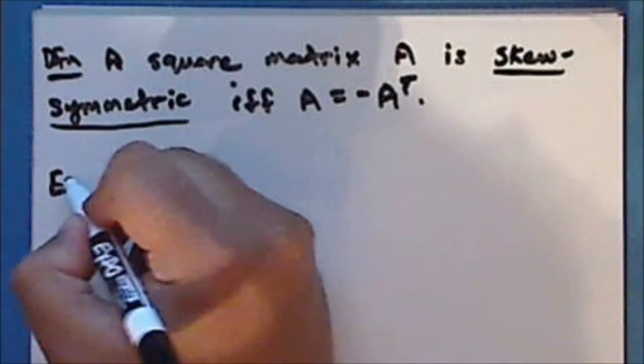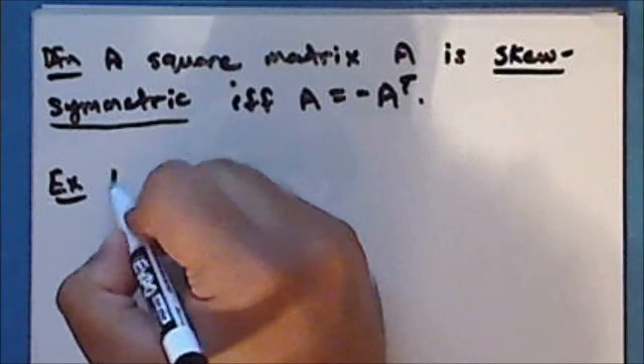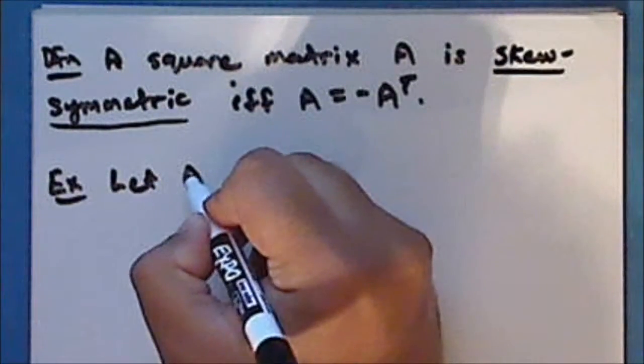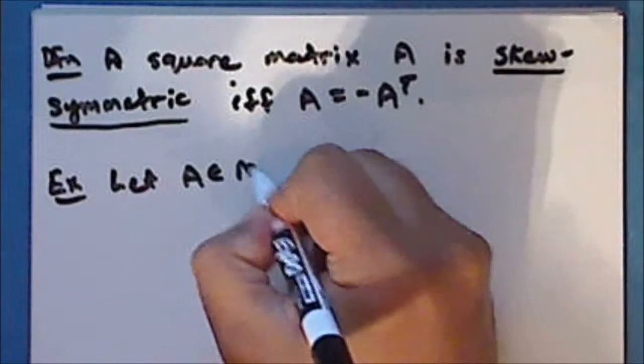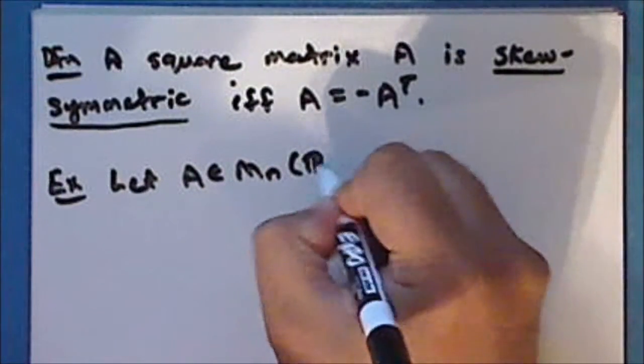So as a third exercise, let A be a square matrix of order n with real entries.